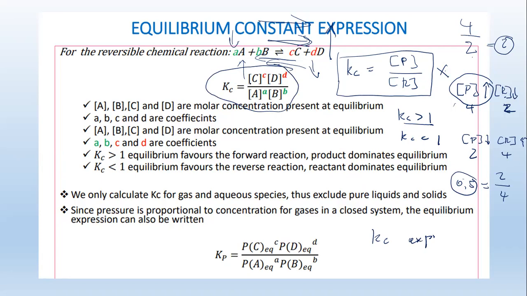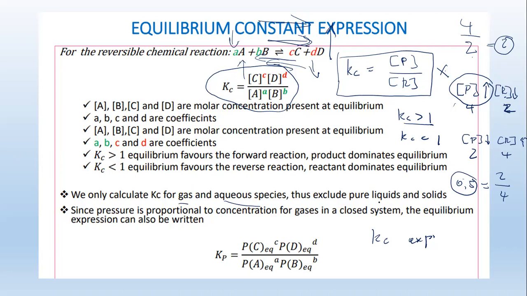On this Kc expression, we only use this formula for substances that are in this state of matter. We use gases only or aqueous species only. But if your species are liquid or solid, you're not going to include them in the Kc expression.